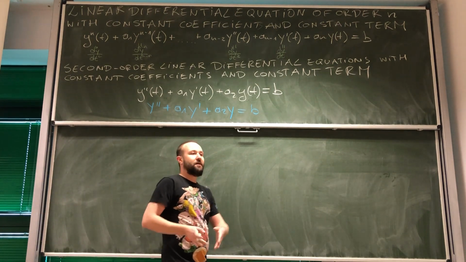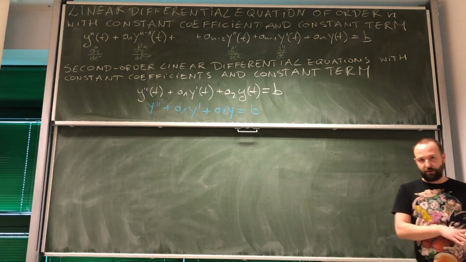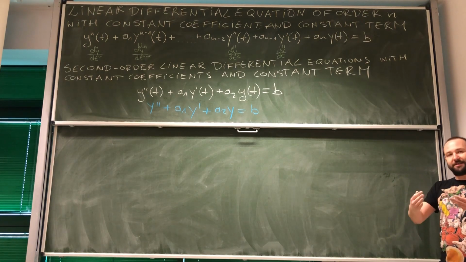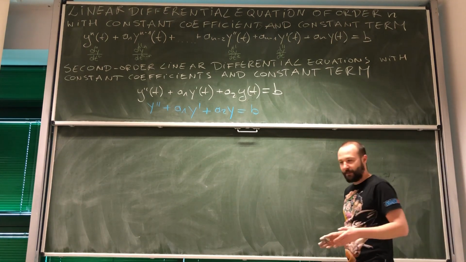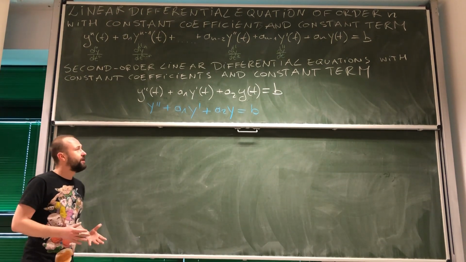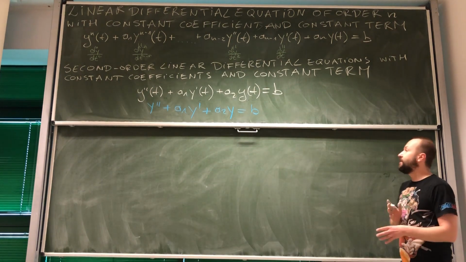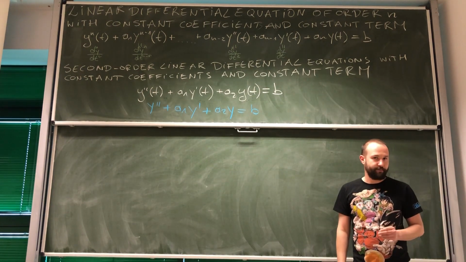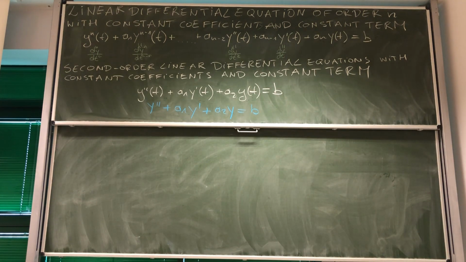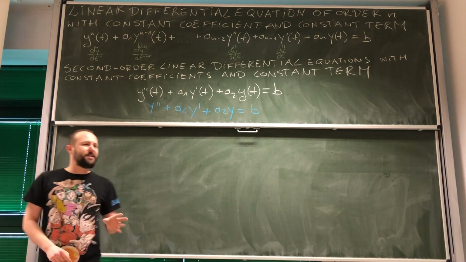One is the particular integral, which represents the equilibrium solution. So what is happening when all the forces are balancing each other, when we are in equilibrium? And the second part is the complementary function that tells us what happens if we are getting out of the equilibrium.